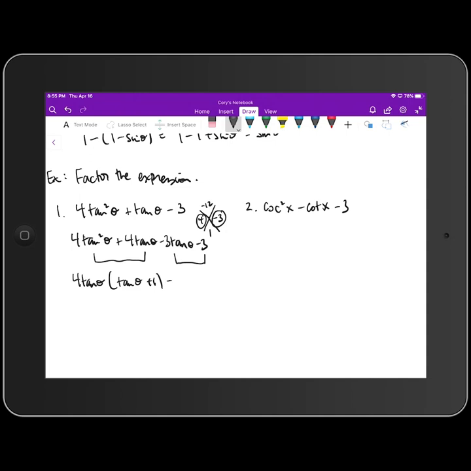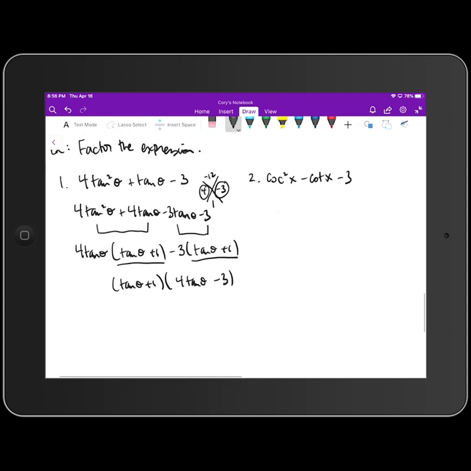So when I factor negative 3 out of the last two terms, that leaves me with the tangent of theta plus 1. Once we've factored, the factor that both expressions have in common is the tangent of theta plus 1. And then when we factor that out, that leaves us with 4 times the tangent of theta minus 3.